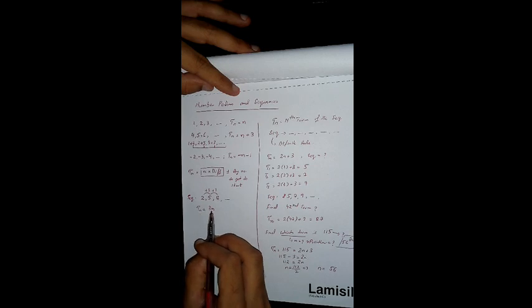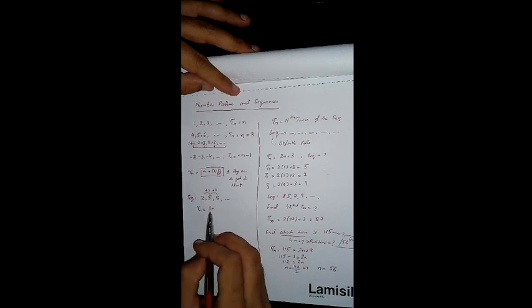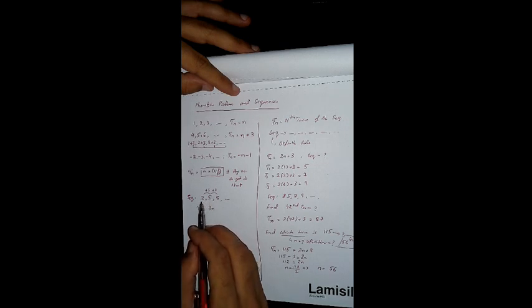If I put n equal to 1 here I should get 3, because 3 into 1 is 3, but it is not 3 here. 3 into 2 is 6, but it is not 6 here. So we should subtract 1 to get the correct sequence.